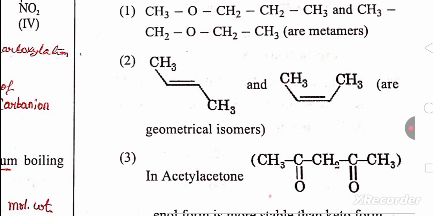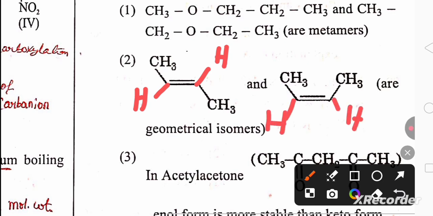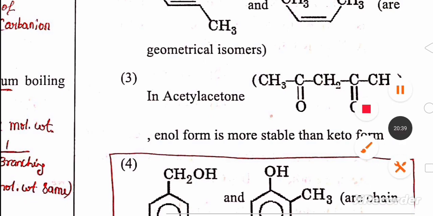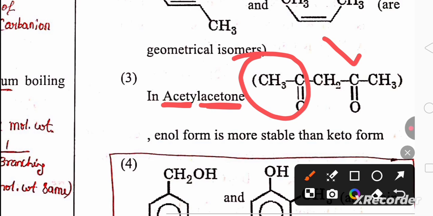In the second option, they have given geometric isomers. One is trans, one is cis. So they are the geometric isomers. This is also correct. In option 3, what we can find is acetyl acetone. Ene means double bond, ol means alcoholic group.